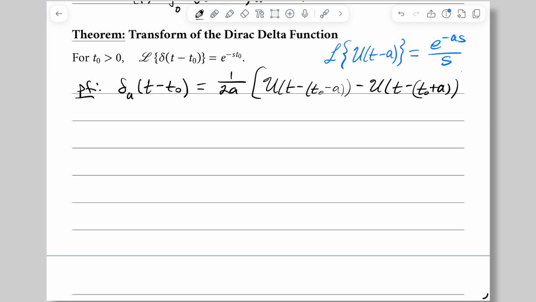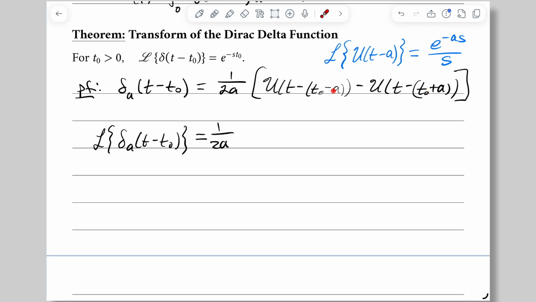And the 1 over 2a is multiplying that entire quantity. The Laplace transform of delta sub a of t minus t sub 0 is then equal to 1 over 2a times the Laplace transform of the difference of the unit step functions, right?